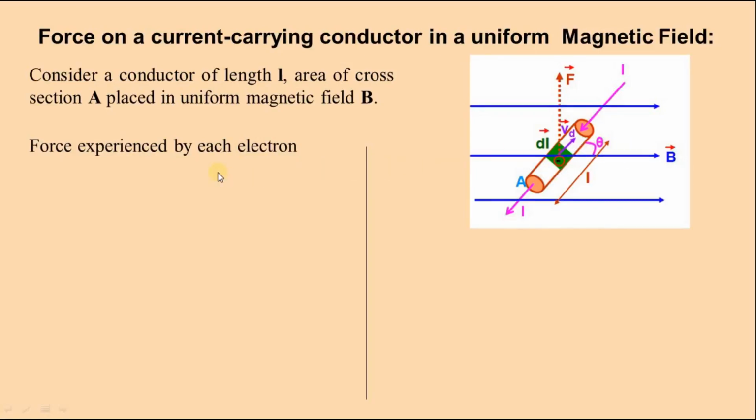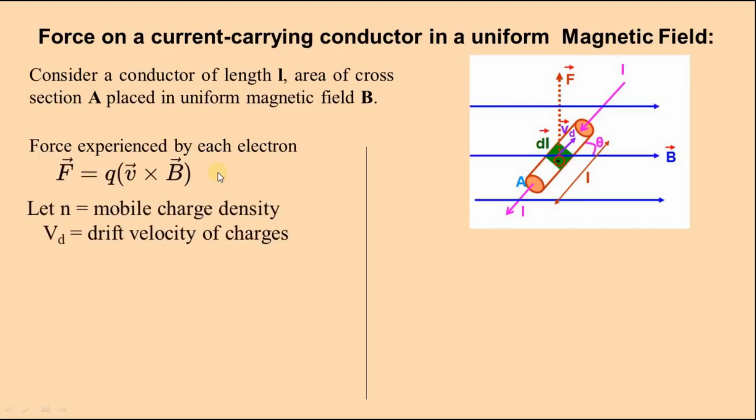Then the force experienced by each electron is given by F equal to Q into V cross B. Let n be the number of mobile charges per unit volume. It is also called mobile charge density, and let Vd be the drift velocity of charges. Then the total number of mobile charges will be given by n into L into A.